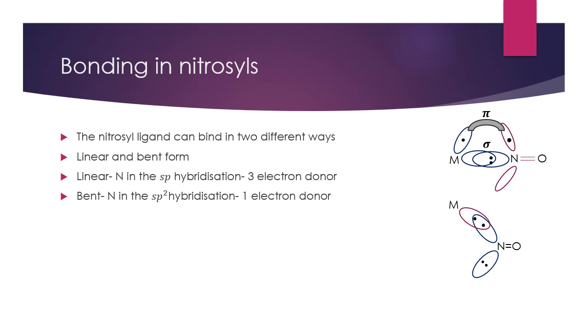So a single bond is formed between metal and nitrogen in this way. In this case, the lone pair of electrons is present in the non-bonding orbital of the nitrogen atom.